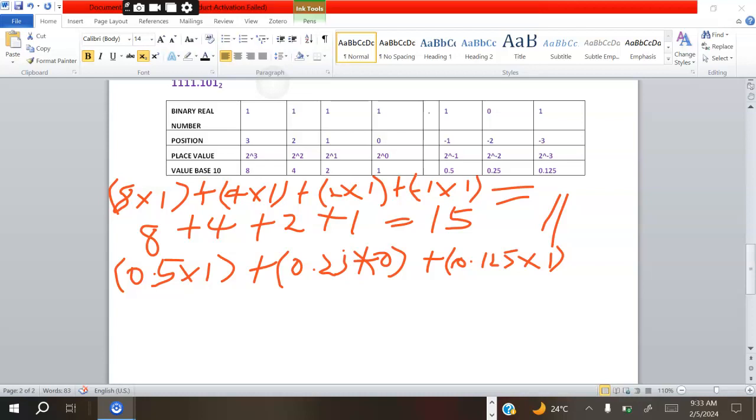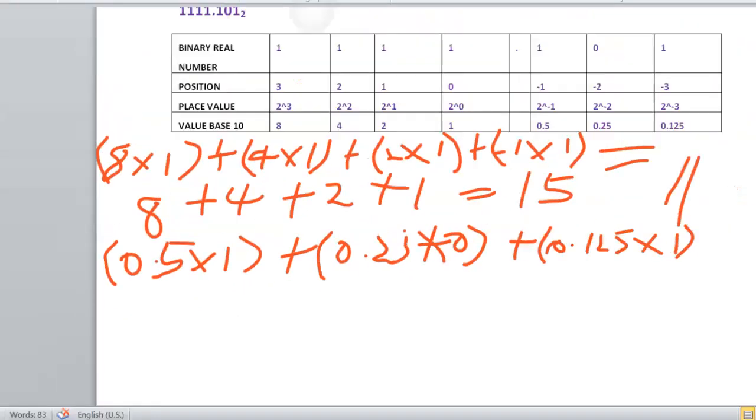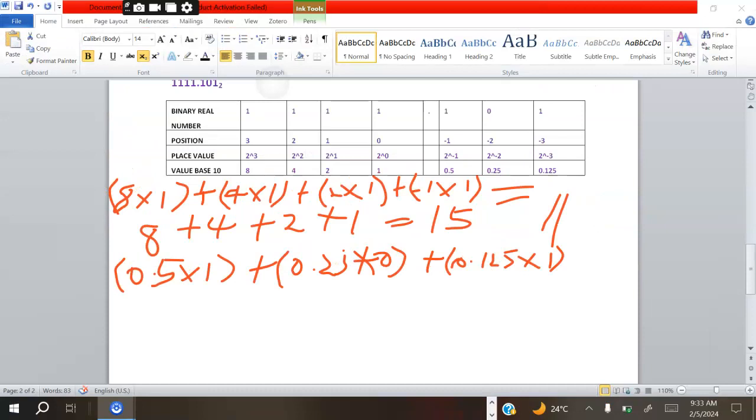Next step, let's get the values. 0.5 times 1 gives 0.5, plus 0, plus 0.125, which gives us 0.625.